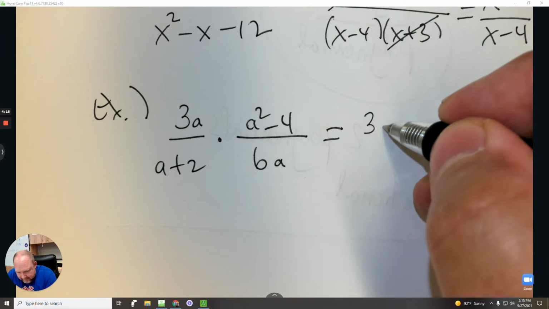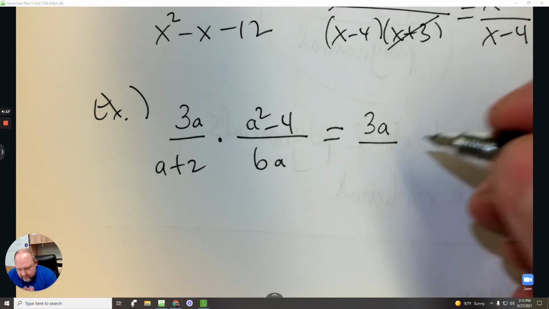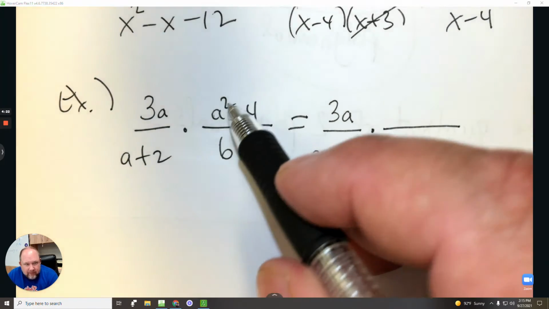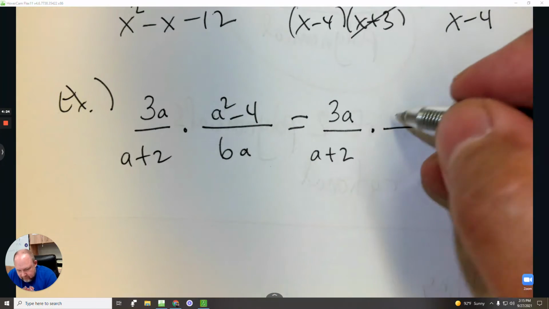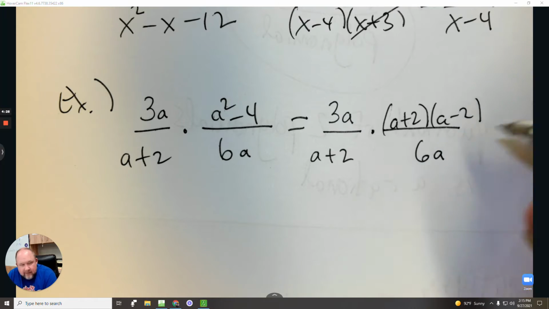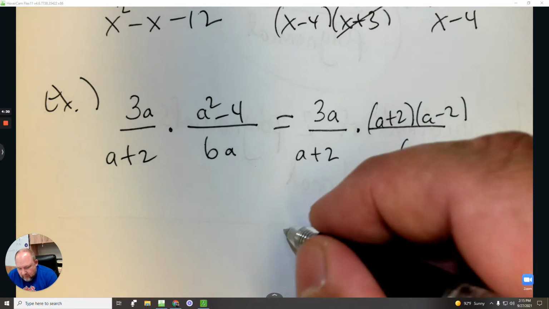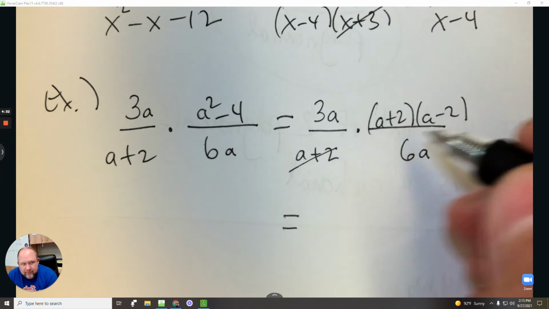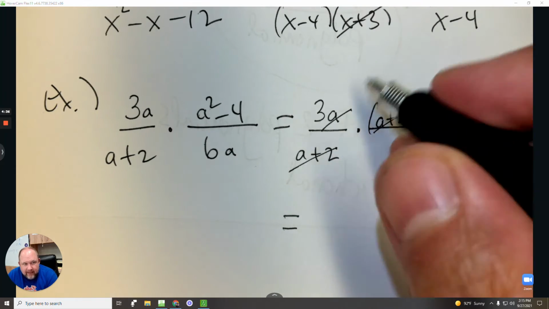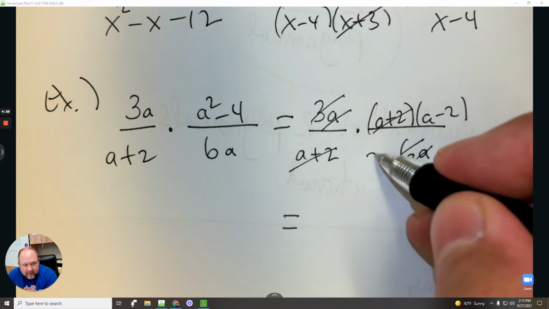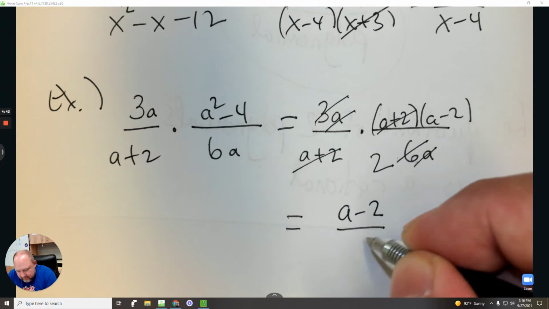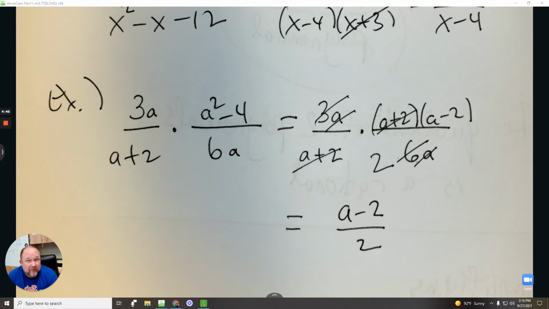So is there anything factorable here? 3a is prime. a plus 2 is prime. a squared, I'm looking at the quadratic. Can I factor this? This is called the difference of squares. And now you look and see what's removable. So a plus 2 is removable. a is removable. And then 3 goes into 6 twice. So do all the removing, and what you're left with in the numerator and denominator is your answer.